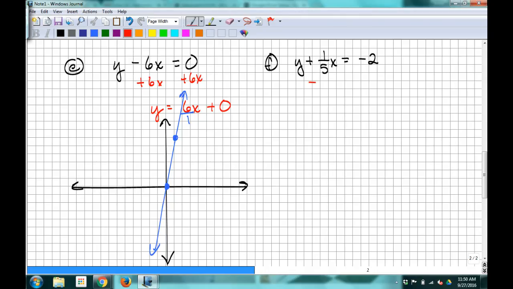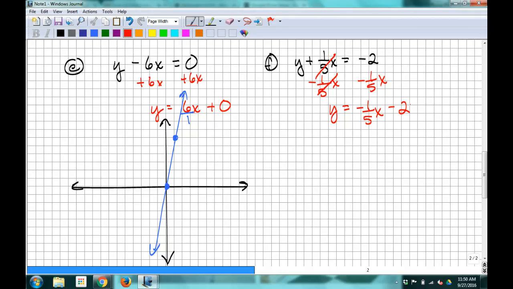Good, good. Yeah, absolutely. Get the y by itself by subtracting 1/5 x. And there's y by itself. And then what? How do we write the other side? -2. Good job.